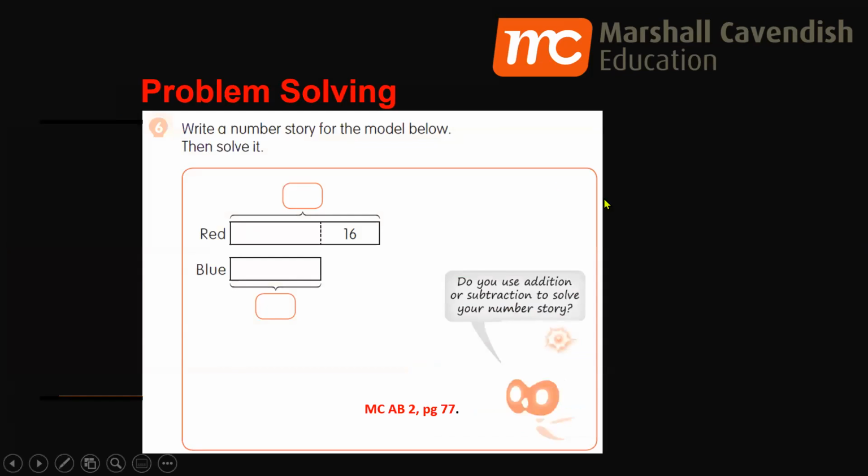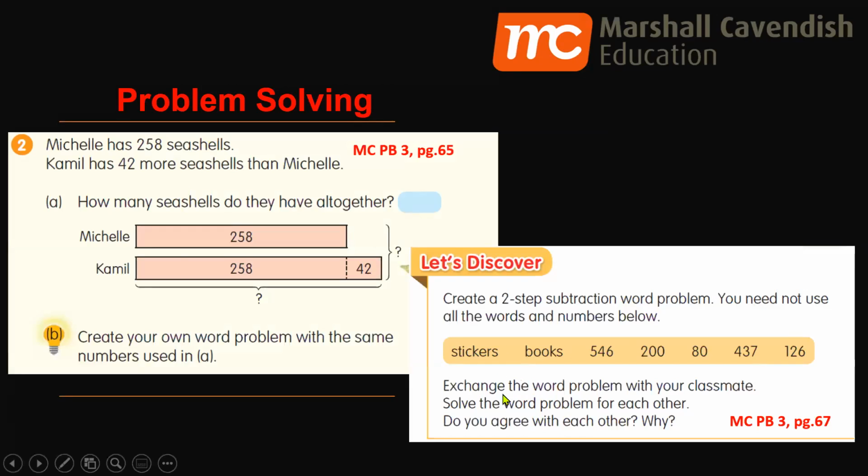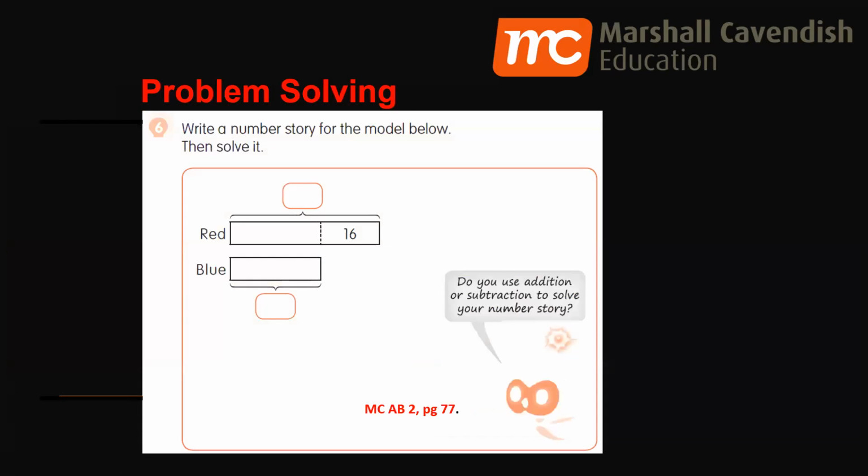Another way is, not only are we asking them to create a problem like that, but if you think this is very difficult because the children cannot make sense whether they actually did the right question or not, then start simple. If you look at this, I am very sure straight away you can come up with a problem: there are 16 more red marbles than blue.